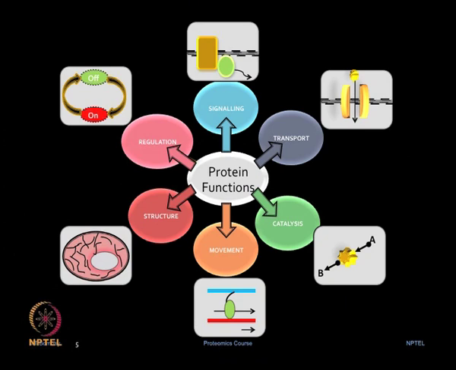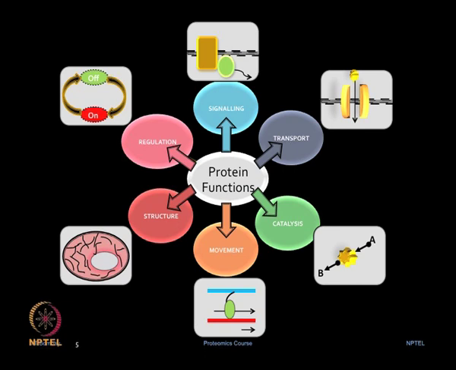Proteins can perform various types of functions, whether it is catalysis, movement, structure, regulation, signaling, transport, etc. As you can see in the slide, various types of functions have been shown. Enzyme catalysis: enzymes catalyze biochemical reactions by increasing the rate of reactions.